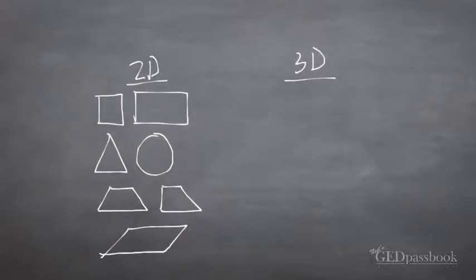In the 2D world, when dealing with these two-dimensional shapes, there's some stuff you need to know. When given any of these shapes, you're going to be asked to find one of the two things that are incorporated in the 2D world, which is area and perimeter.